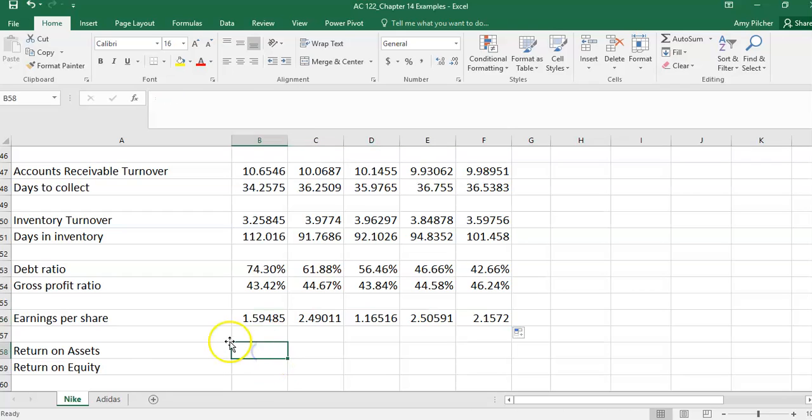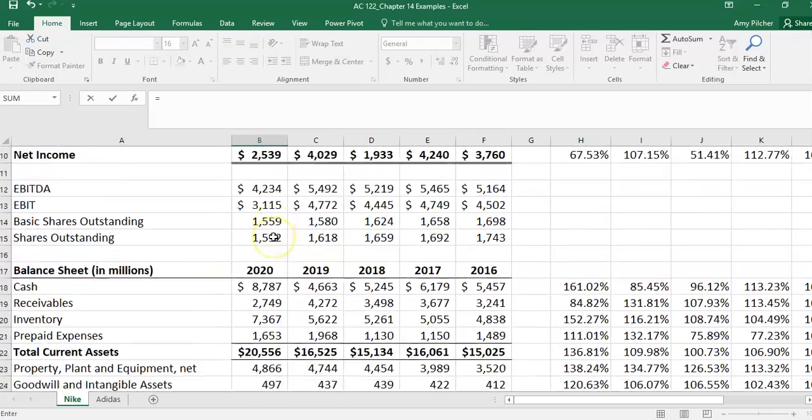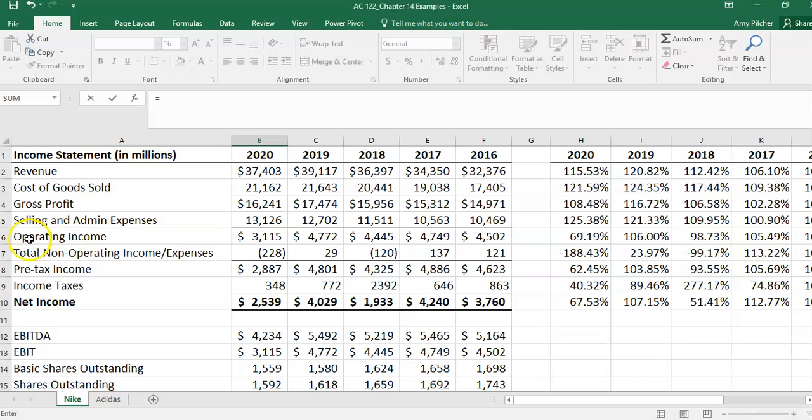Our return on assets is operating income divided by average total assets. So this is operating income. Operating income is income before interest and taxes. So we need operating income. And if we don't have a line that says operating income, then we have to calculate it ourselves. In your homework, you're going to have to calculate it yourself. But operating income divided by average total assets.